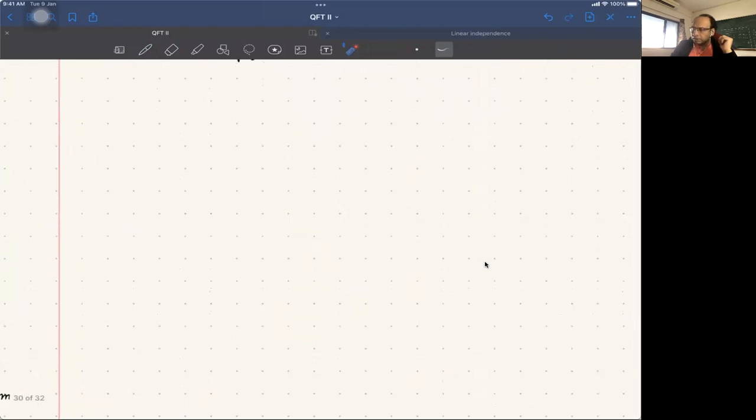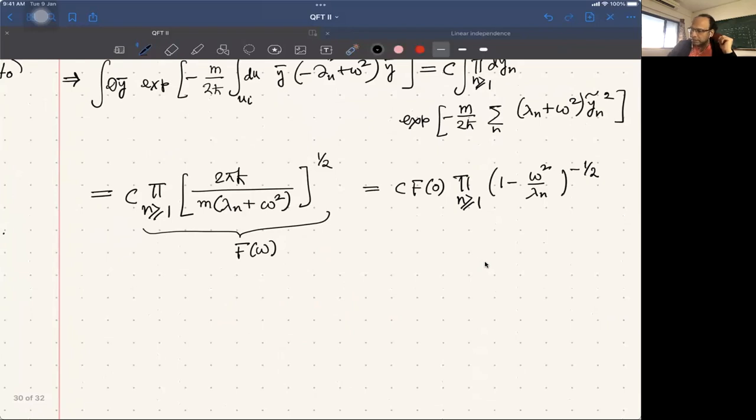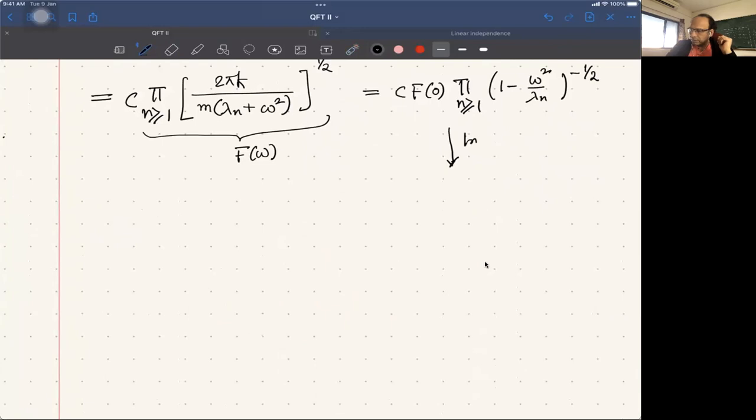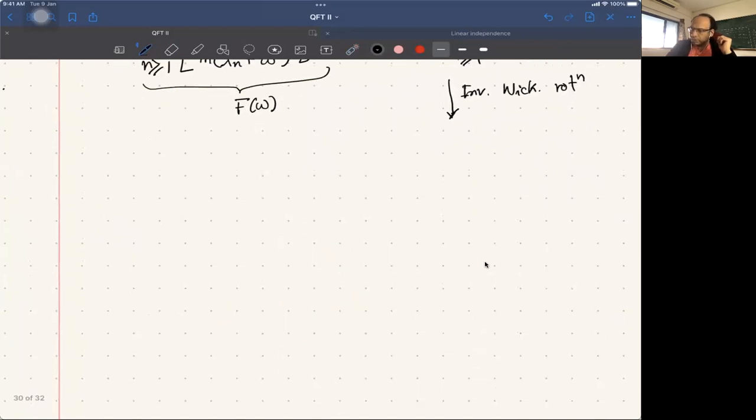So if you do the inverse weak rotation in this final result, it will give you c times f0 times the product over n greater than or equal to 1 of (1 minus omega square (tf minus ti) square divided by n square pi square) to the minus half.